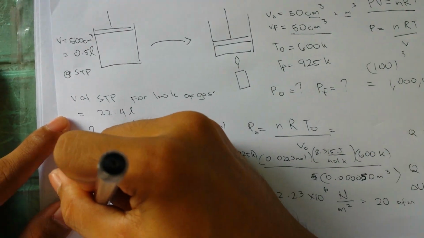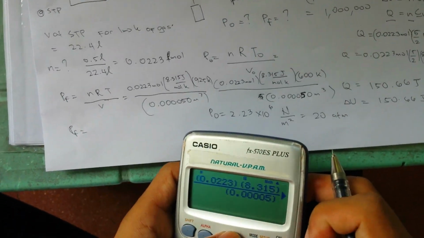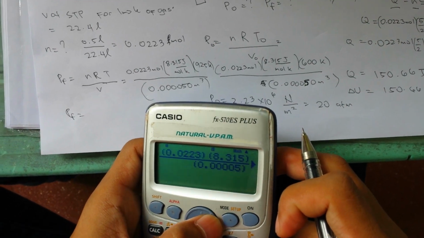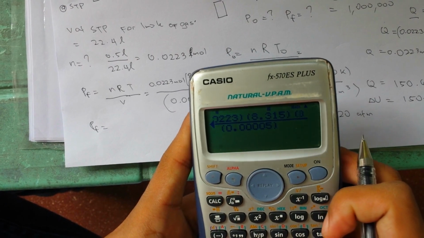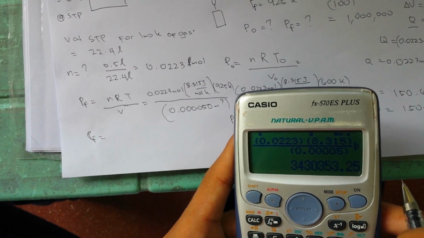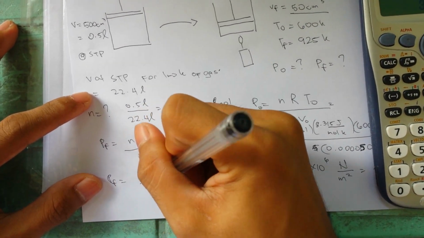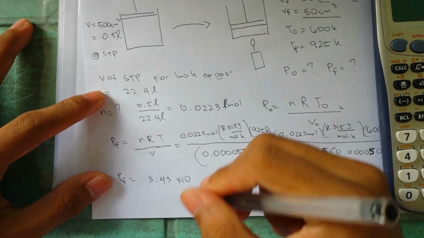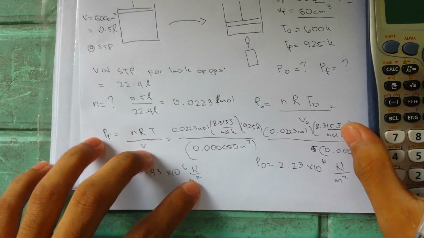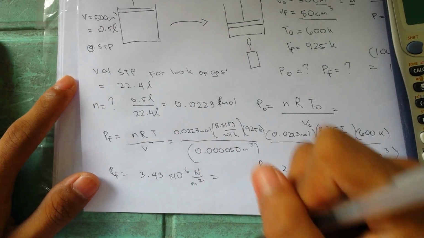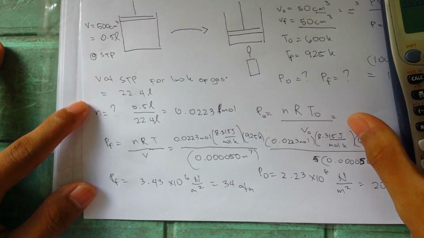So we're gonna solve this. The answer is 3.43 times 10 to the 6 Newton per meter squared. It's equivalent to 34 atmosphere.